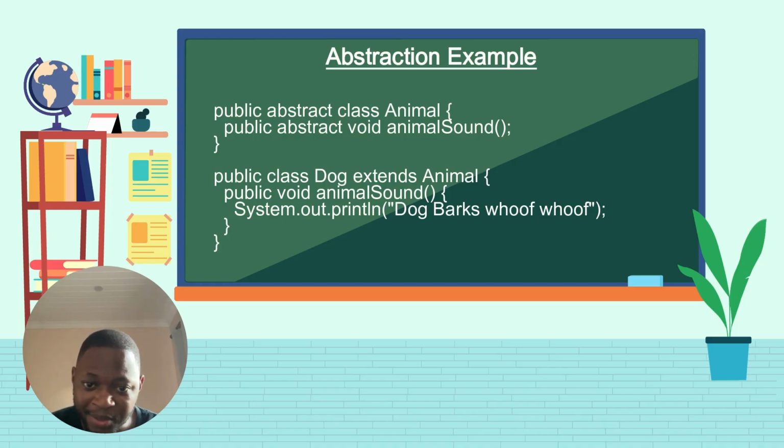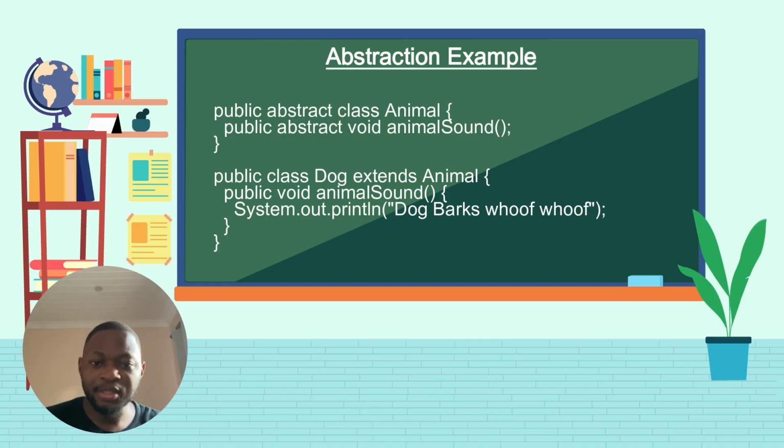And below we have our subclass, which is our dog. It extends the animal abstract class, and then we are forced to implement the logic of the animal sound, which is dog barks, woof woof. And for a cat subclass, we will maybe say the cat meows, meow meow, something like that.